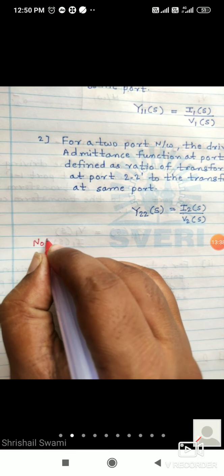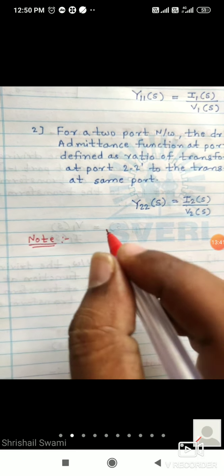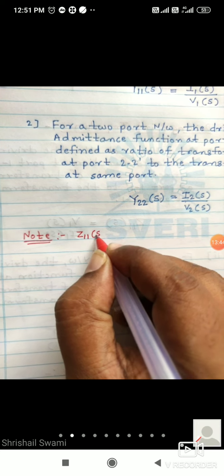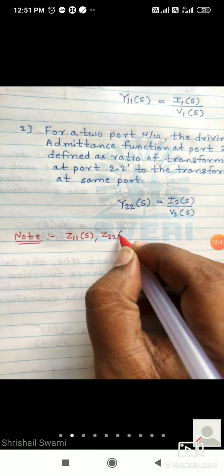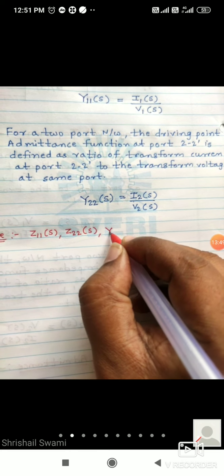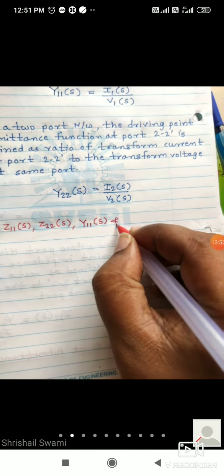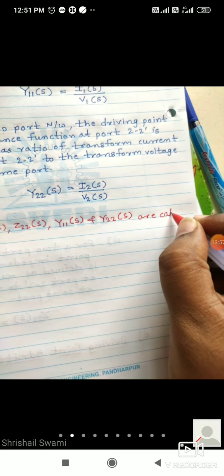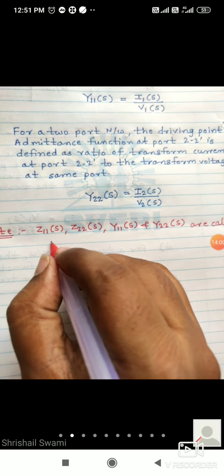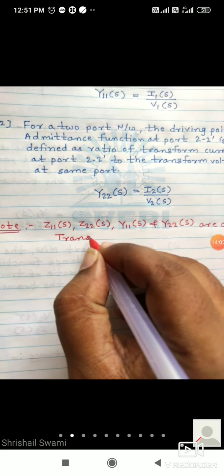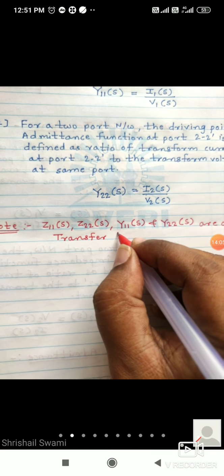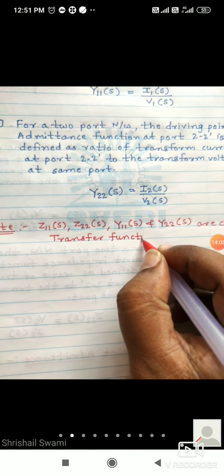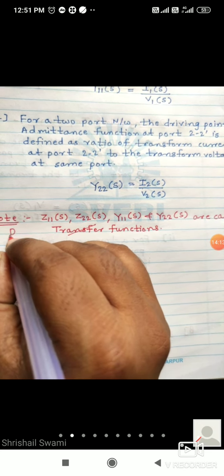Note point: Z11 of S, Z22 of S, Y11 of S and Y22 of S are called driving point functions.